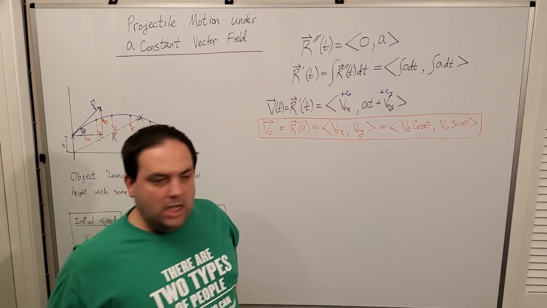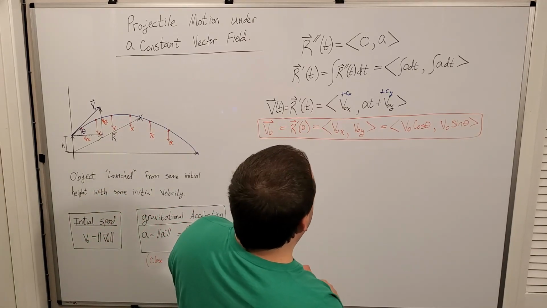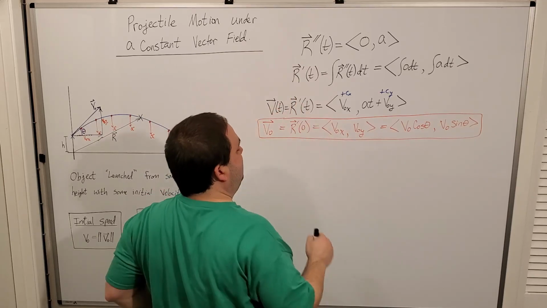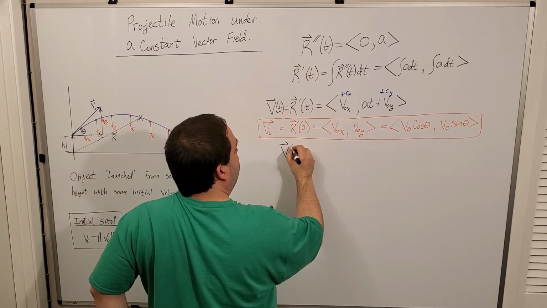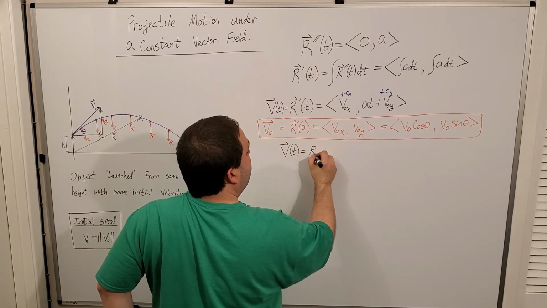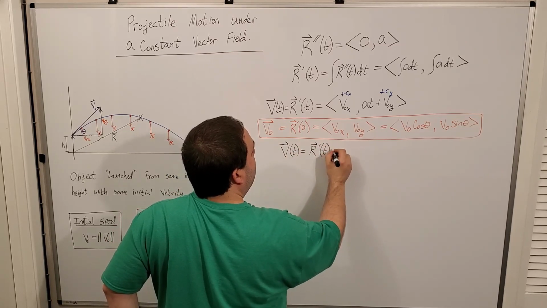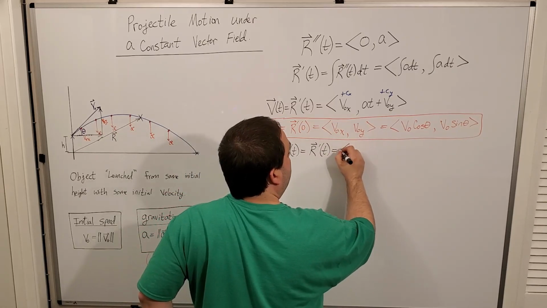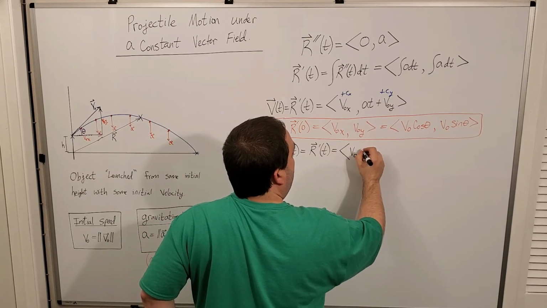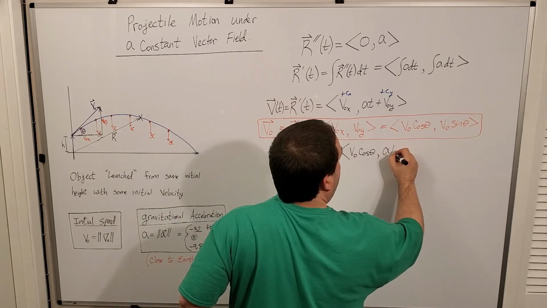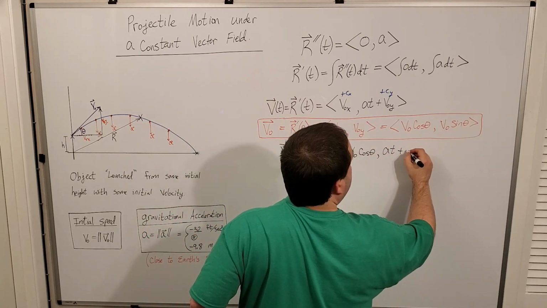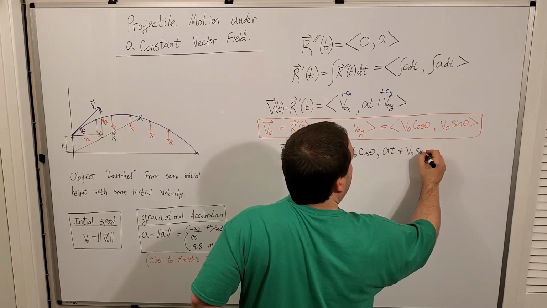Okay, so what's the consequence of this? That means that my r prime of t here, my actual velocity vector at t, is equal to v naught cosine theta, comma, a times t plus v naught sine theta.